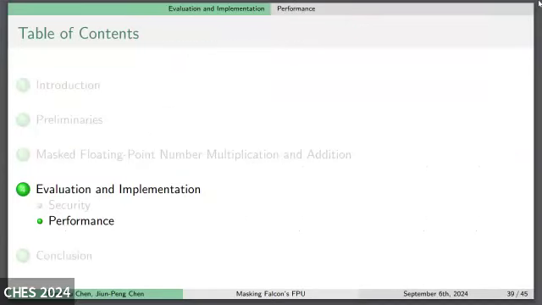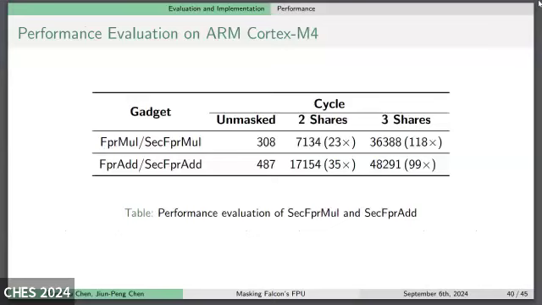And now it's our performance. Here's the performance result when we run our algorithms on an ARM Cortex-M4 microprocessor. For floating point number multiplication, the unprotected one takes around 300 cycles in our environment.